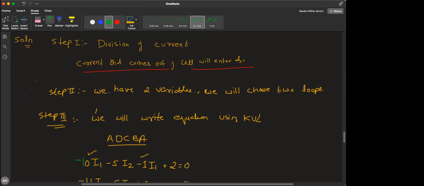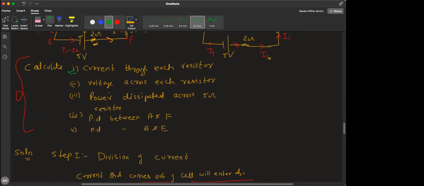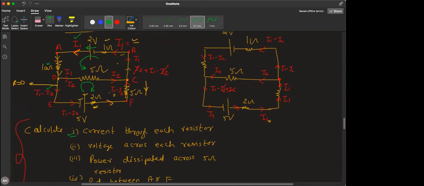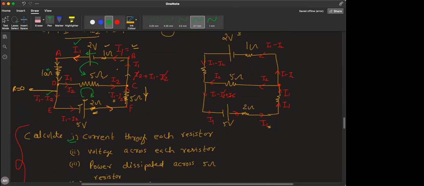Sir, can you scroll up for a minute for the diagram? Okay. Done, sir.